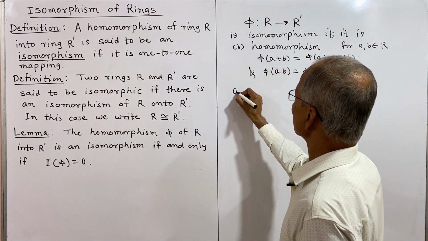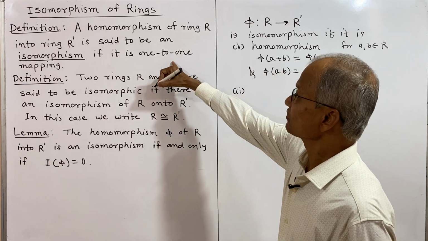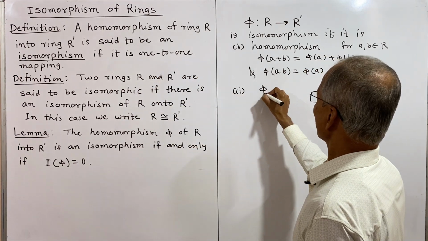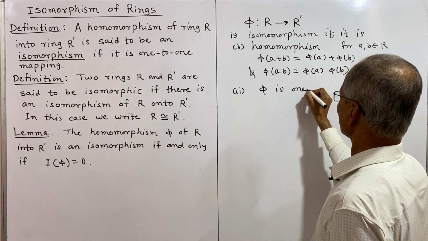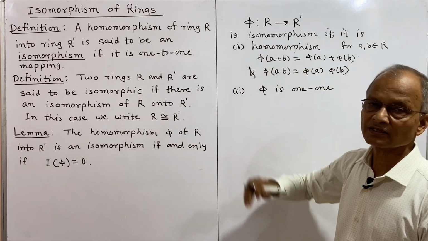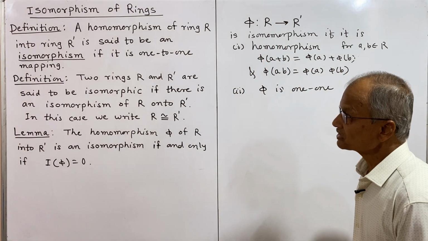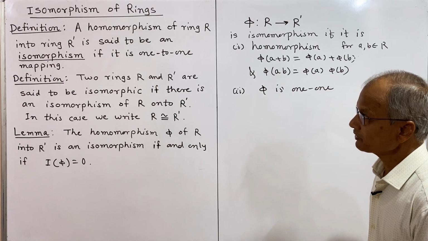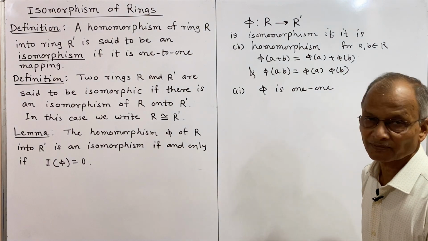And second, phi is 1-to-1. Then this homomorphism phi is known as an isomorphism. So this is the definition of isomorphism, a mapping which is a homomorphism and 1-to-1.